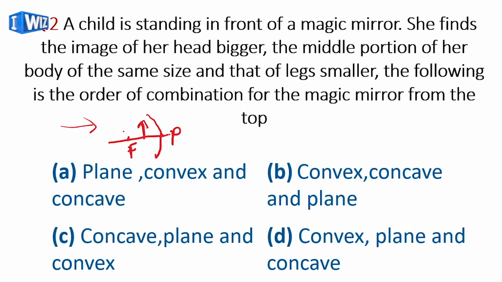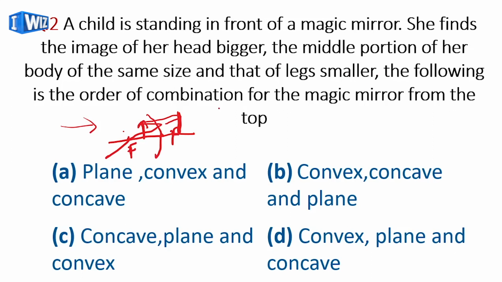Then it forms a virtual image behind the mirror, and a bigger, enlarged image is formed in that case. So the head will appear bigger only with a concave mirror.